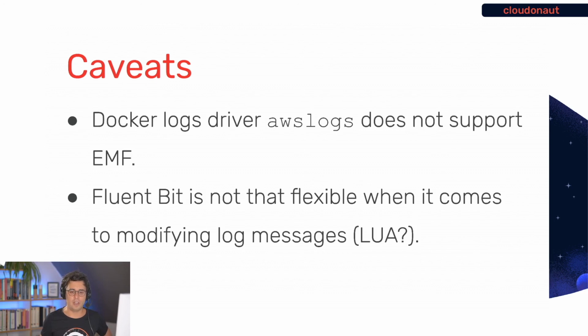So you cannot simply log your messages in JSON and then have this show up in CloudWatch Logs with EMF as you do with Lambda. Instead, you have to use something like FluentBit to parse the message and then send it to CloudWatch Logs with JSON EMF as the data type that you're sending in. That's a little bit frustrating.